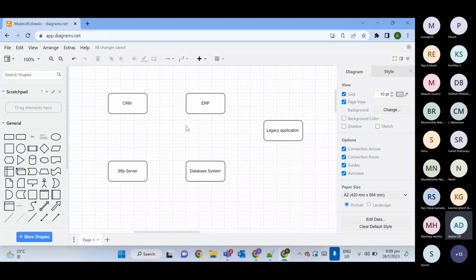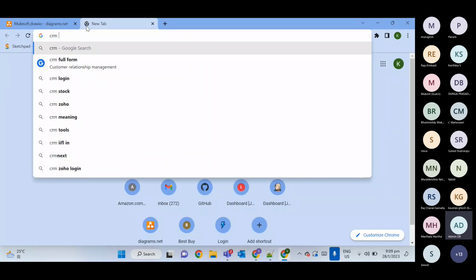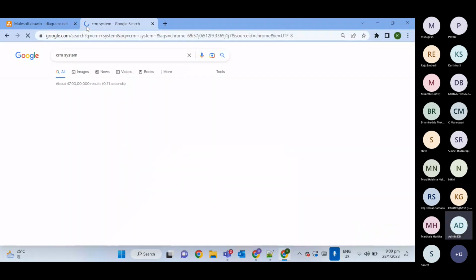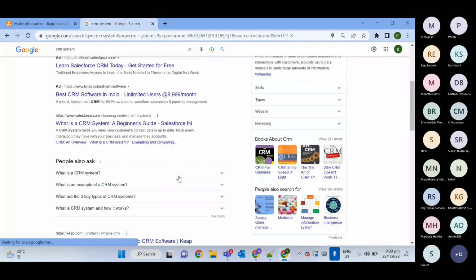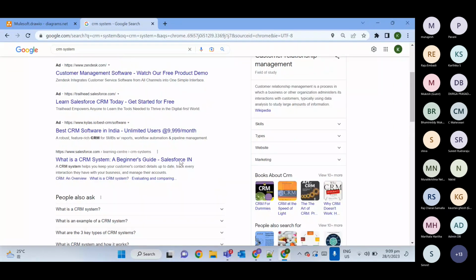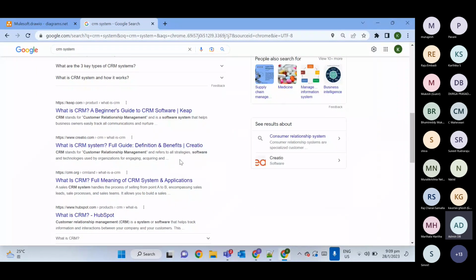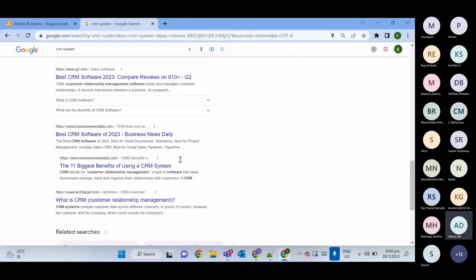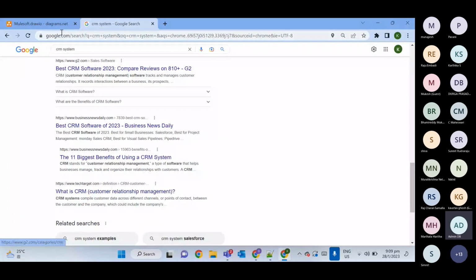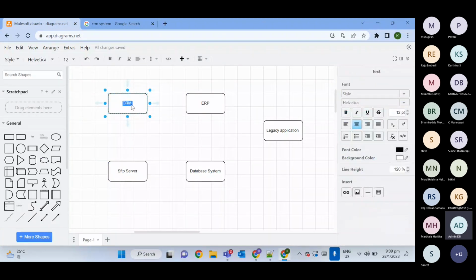For the CRM system, in the market there are multiple CRM service providers. Let me take two or three big giants of CRM. Salesforce provides a CRM system, and Oracle also provides one. So let's say we have a CRM system such as Salesforce or Oracle.